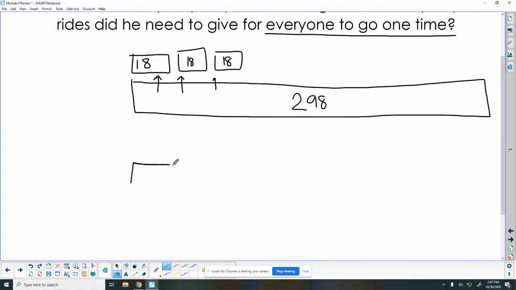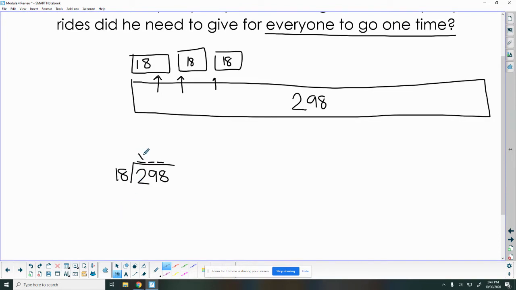When we're doing the same thing over and over and putting these people into groups of 18, I can divide. So 298 divided by 18. The decimal's already at the end of 18, so I don't need to move my decimal. So I need something above my 2, my 9, and my 8.